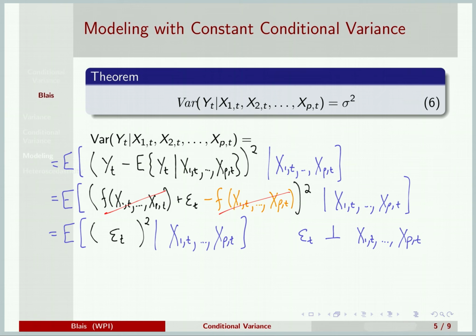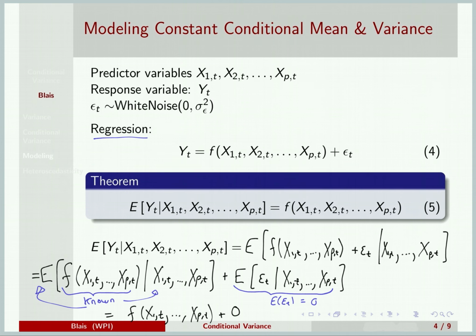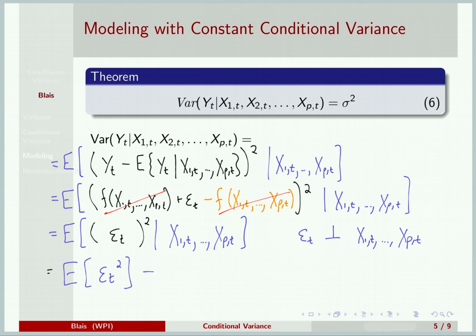The extra information does not affect our expectation of epsilon t squared, and so we're left with the expectation of epsilon t squared, which, because epsilon t is a white noise with mean 0, is in fact the variance of epsilon t, which in our model is sigma sub epsilon squared.